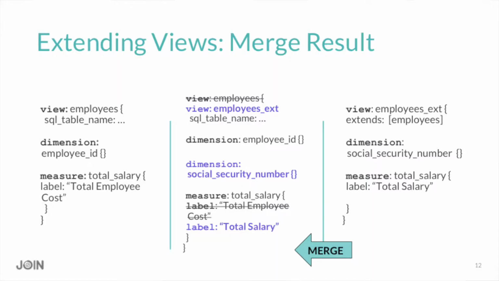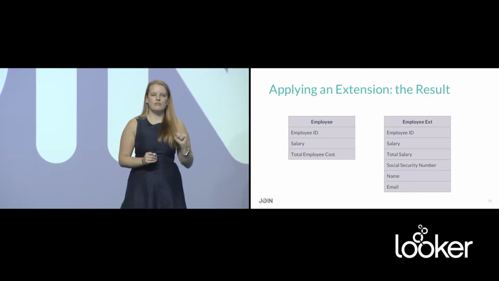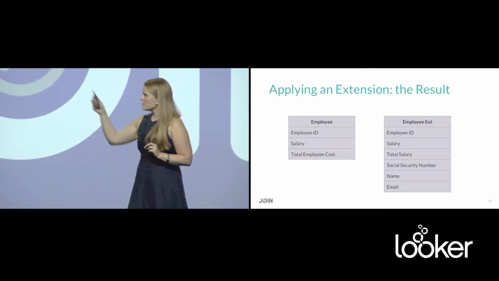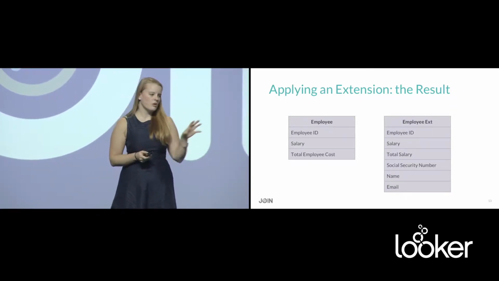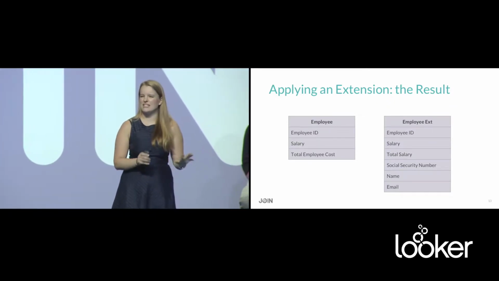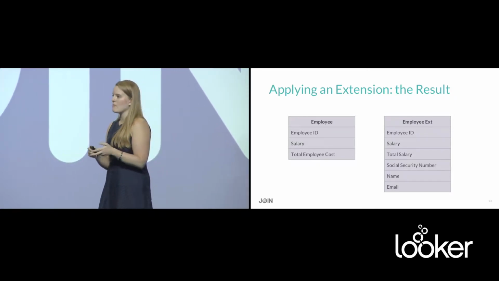So we end up with a result that gives us our new view. Our net new fields get added in, so you can see those there in purple. And then the label for our total salary measure gets overwritten by the new label that we've supplied, which gives us two resulting views. One, a main employees view here that has just our three fields that everybody has access to: employee ID, salary, and our measure.